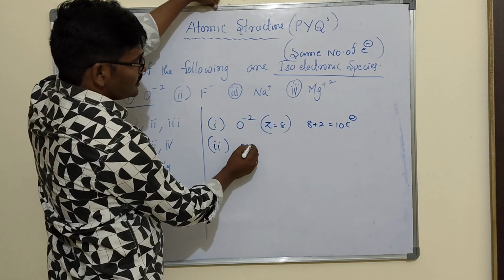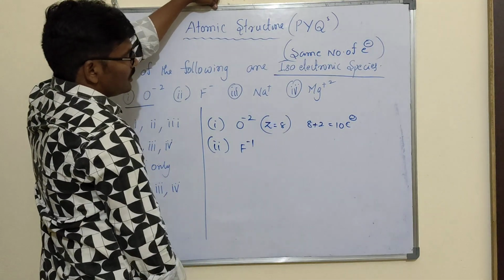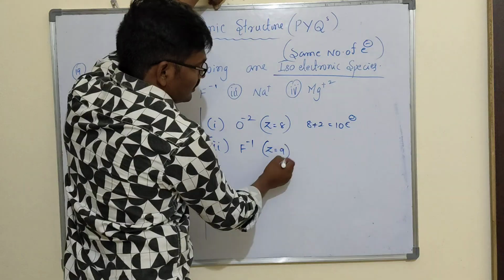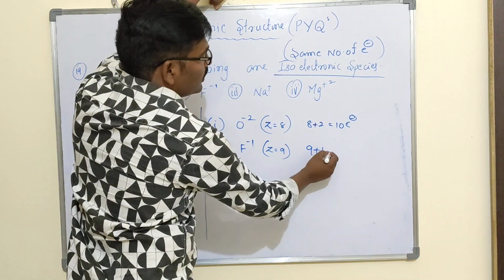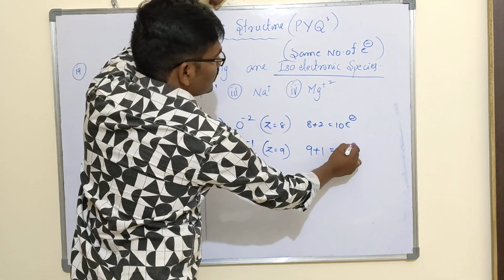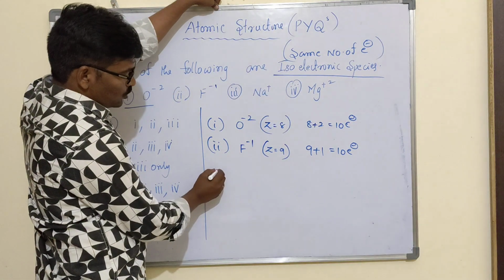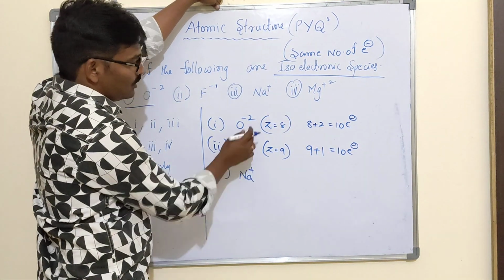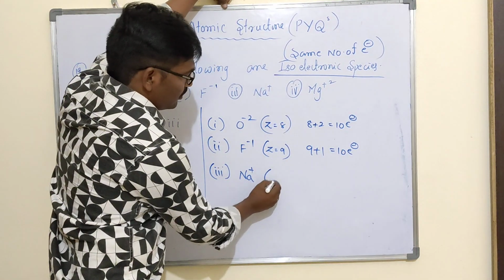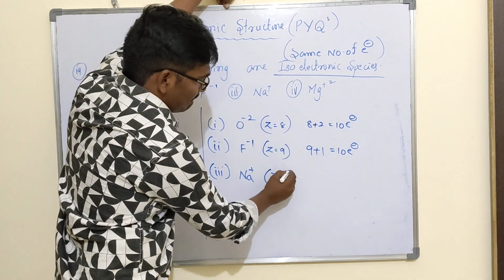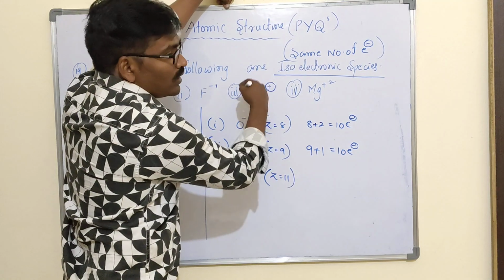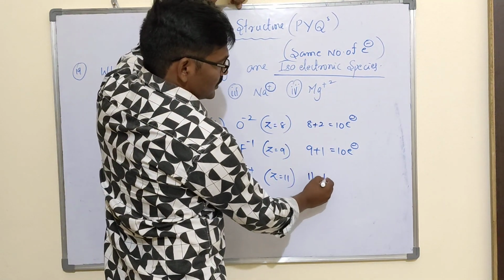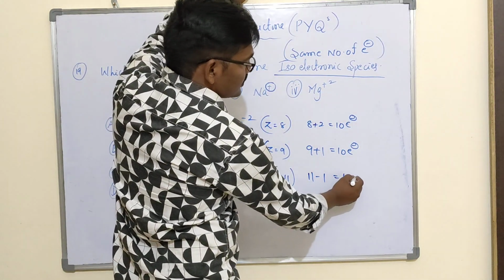Then F minus 1. The atomic number for this is 9. Then 9 plus 1 equals 10 electrons. Then if you take sodium, Na plus is given. We know the atomic number is 11. The plus means one electron is removed from it, right? So 11 minus 1 equals 10 electrons.